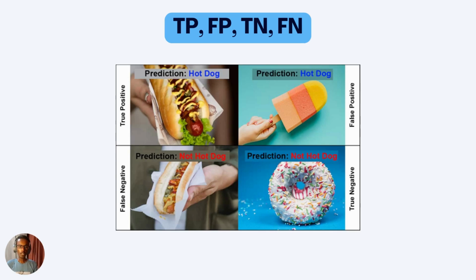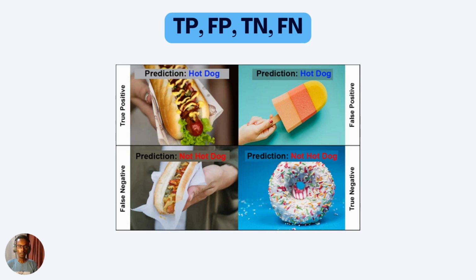A false positive value is shown on the image to the right of the hot dog. So if you have a popsicle input and the prediction is a hot dog, that's a false positive, because the image is showing a popsicle and the model is predicting a hot dog.